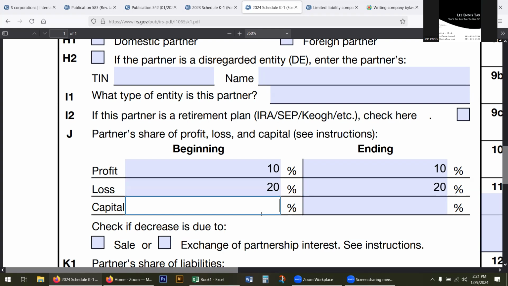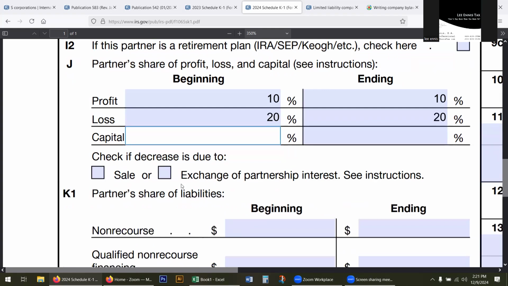All right. Also important to understand is that with partnership, you can sell and exchange your interest in the partnership, which also changes what it may have been at the beginning versus at the end, right? Because remember, anyone and anything can be part of a partnership.